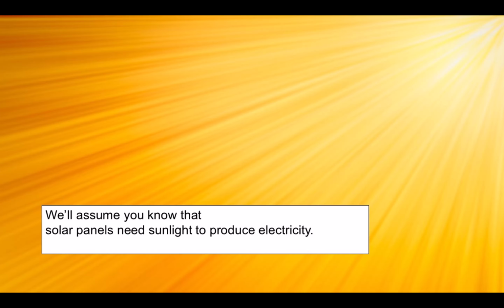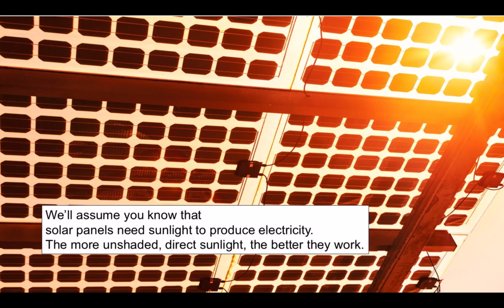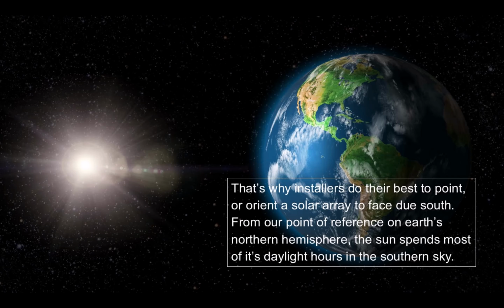We'll assume you know that solar panels need sunlight to produce electricity. The more unshaded direct sunlight, the better they work. That's why installers do their best to point or orient a solar array to face due south.